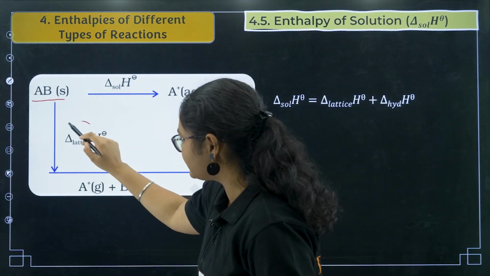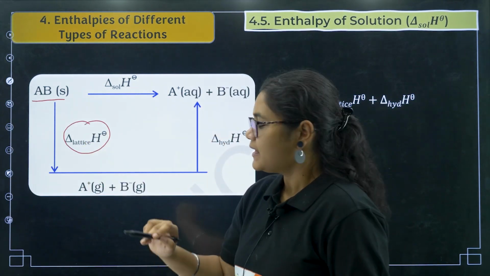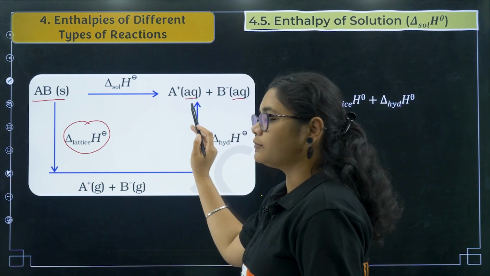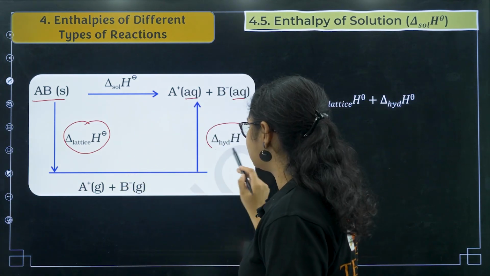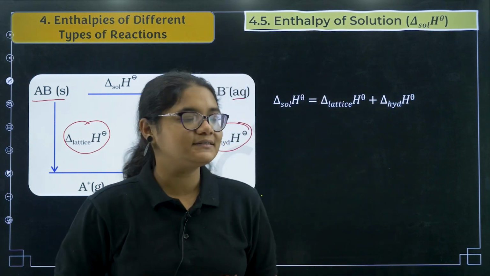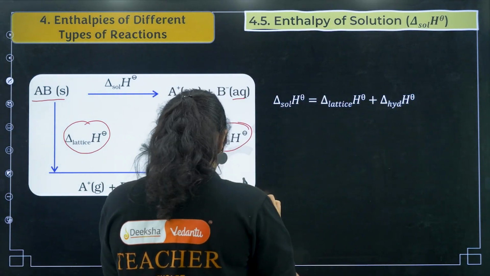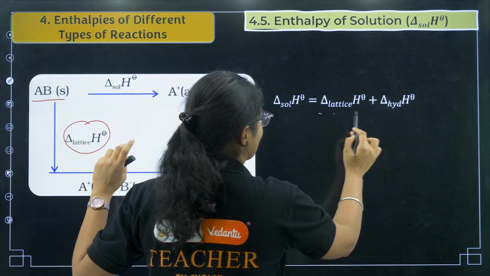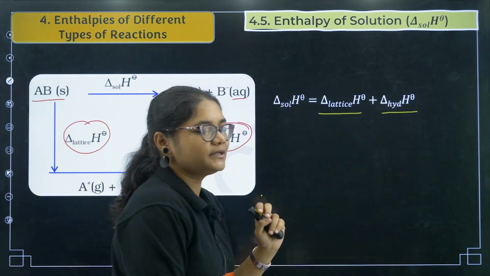So what is the energy required there? Lattice enthalpy. Then A plus and B minus get converted from the gaseous form to aqueous form, and that is your hydration enthalpy. So enthalpy of solution can be given as lattice enthalpy plus hydration enthalpy.